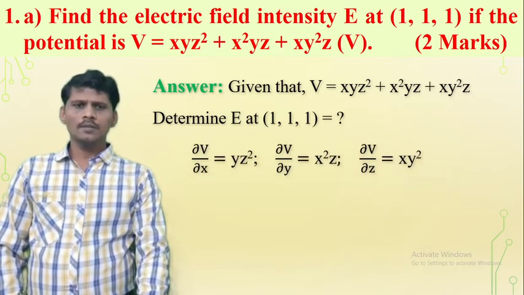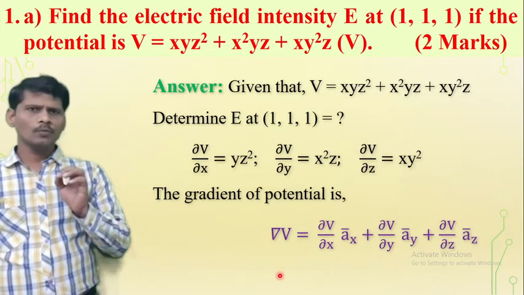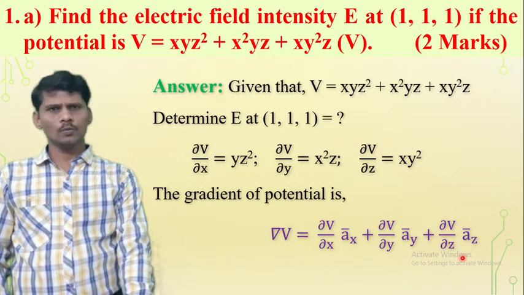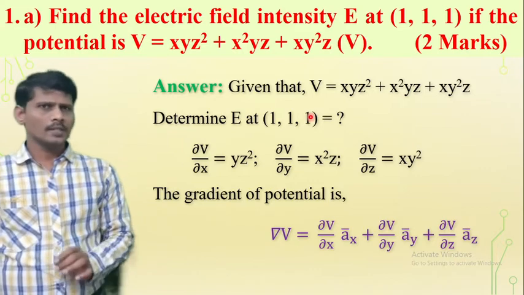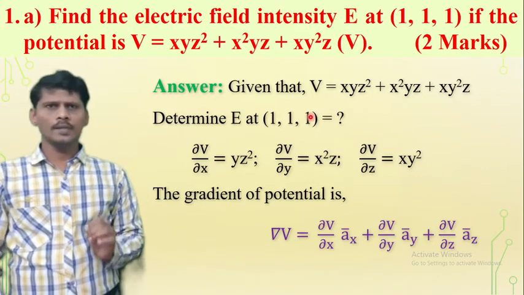We know that the gradient of the potential is del V equal to dou V by dou x ax bar plus dou V by dou y ay bar plus dou V by dou z az bar.